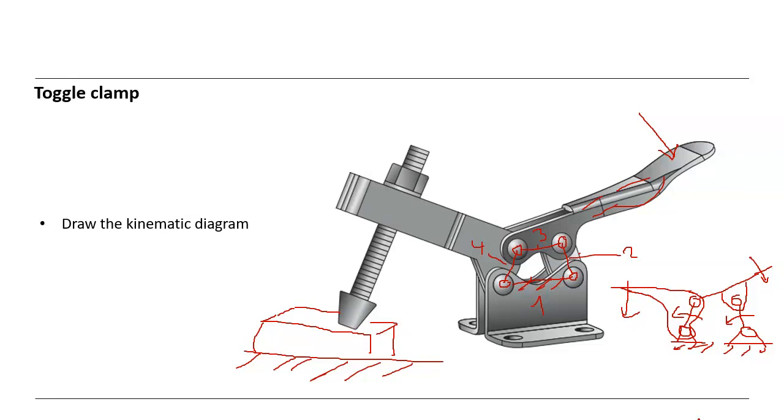Okay, this was another mechanism, toggle clamp, and we use the toggle clamp and we create the kinematics diagram.